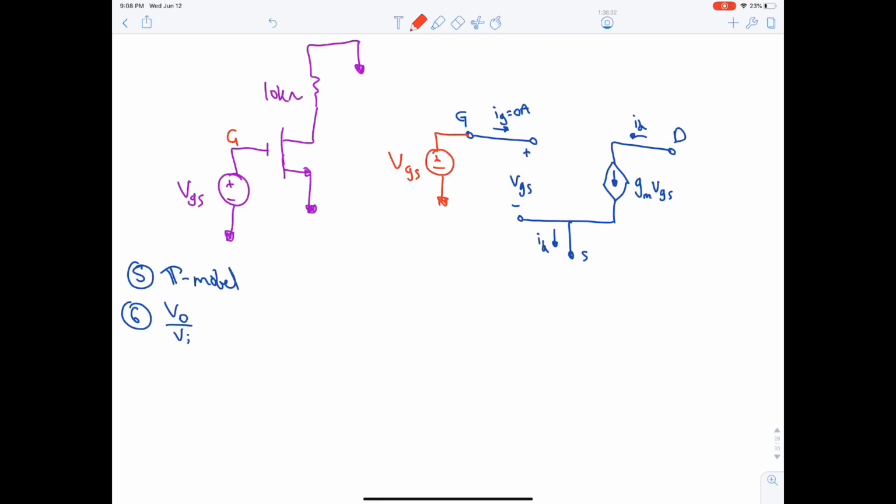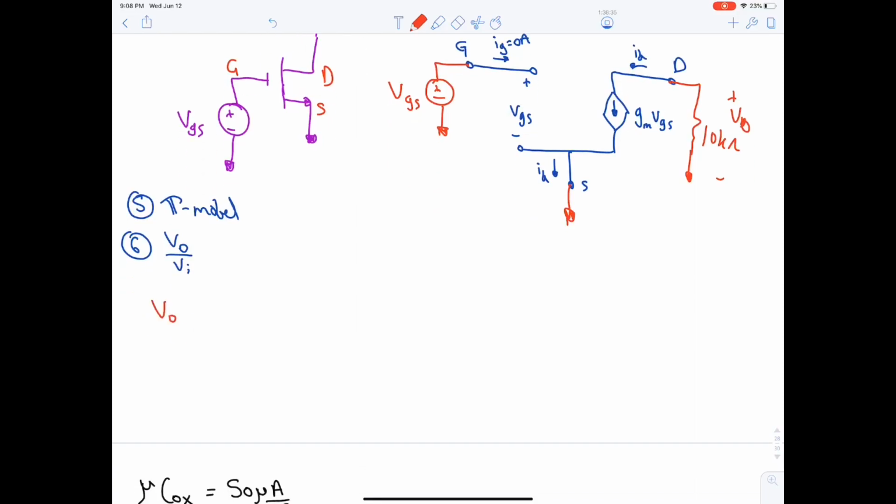S is connected to ground, and D is connected to resistance and ground. VO. Now, VO is equal to minus 10K multiplied by ID. Let's write it first, minus ID 10K.